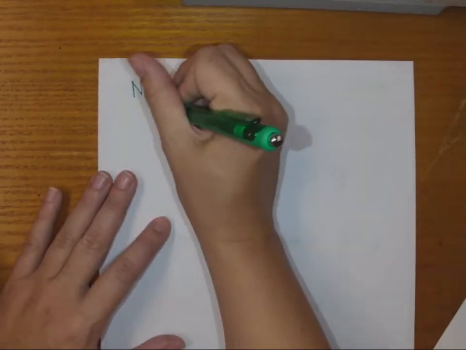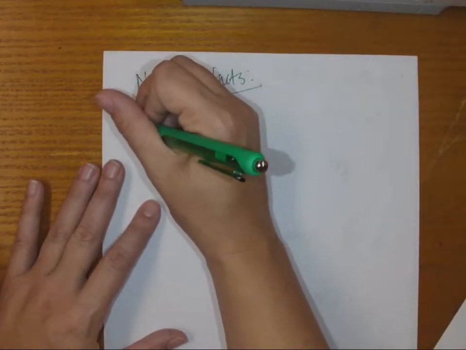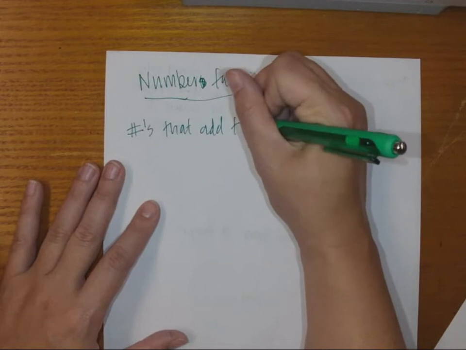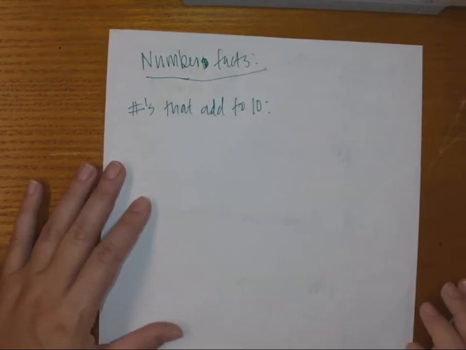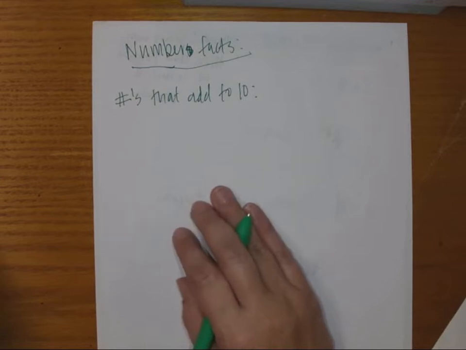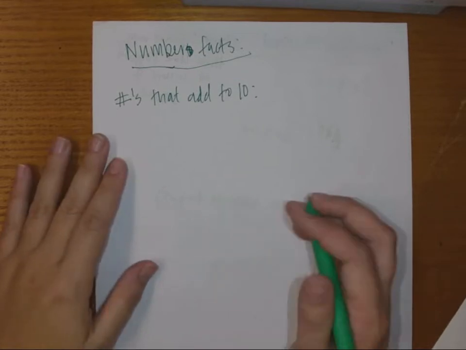So the first one is numbers that add to 10. This is a huge thing for them to master, and I'm not saying that they're not going to be successful in the future without this, but they're going to have some struggles if they can't master the numbers that add to 10.